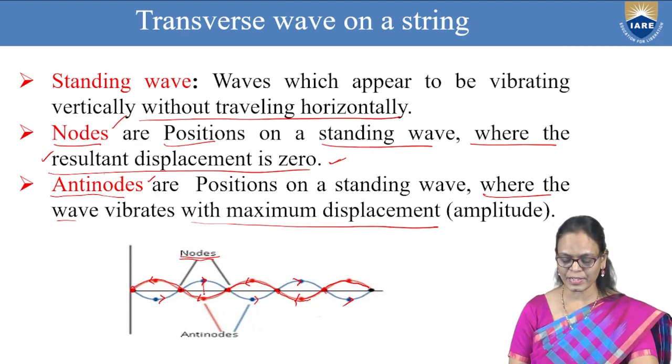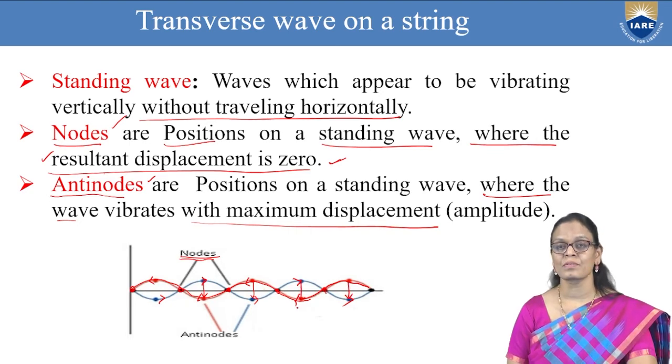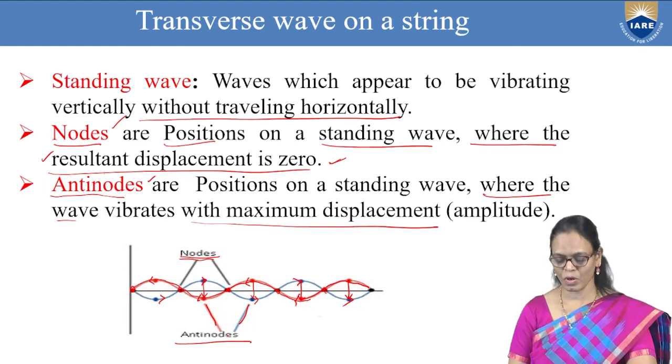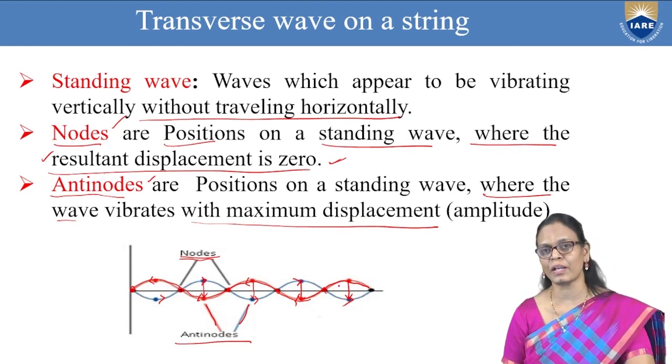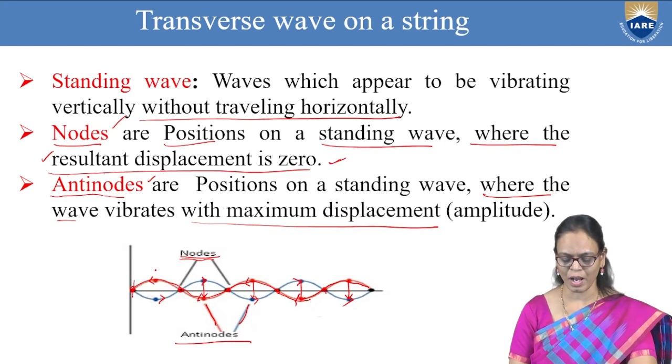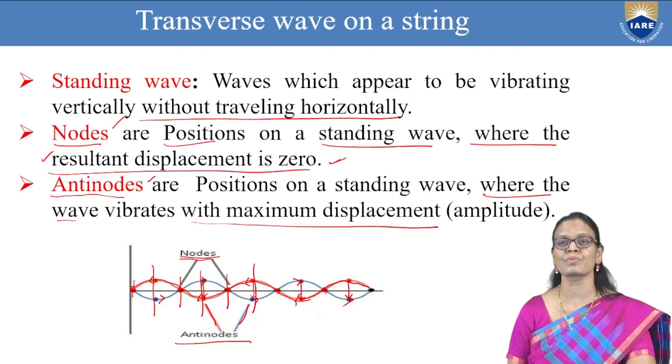And there are regions where the displacement is maximum. So all these correspond to antinodes. So if you see a stationary wave or a standing wave, you will see a series of nodes and antinodes. So this is a node, antinode, node, antinode, node, antinode, and so on. So it consists of a series of nodes and antinodes which alternate each other.